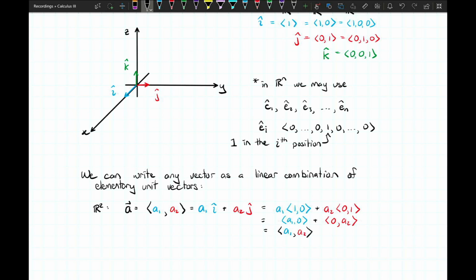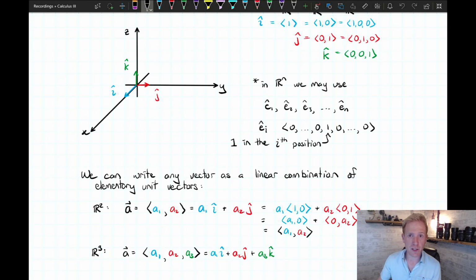So it does have quite a few advantages there. In R3, then our vector (A1, A2, A3) can simply be rewritten as A1 times i hat plus A2 times j hat plus A3 times k hat. And as you can imagine, it's a little bit more cumbersome to say, so you might just see A1 i plus A2 j plus A3 k and just omit those hats. It's kind of already implied.